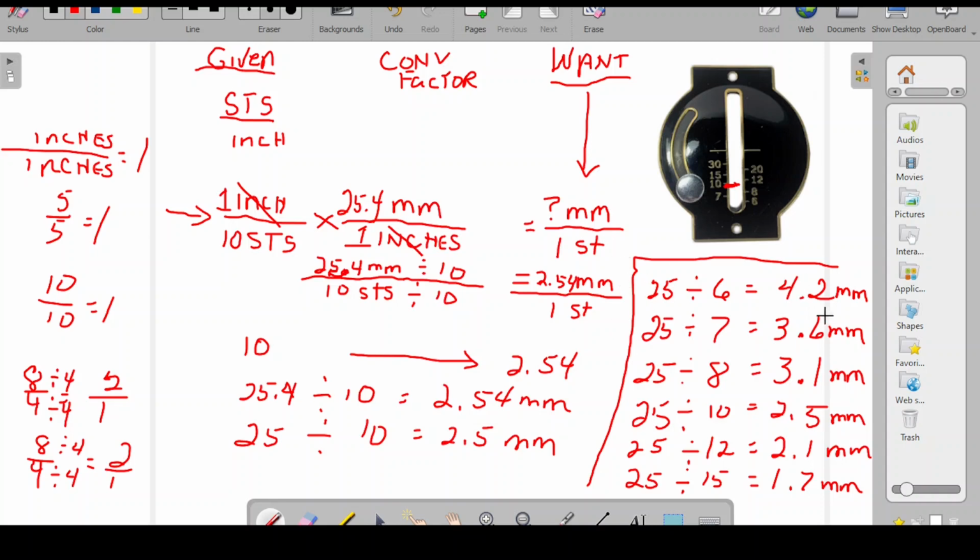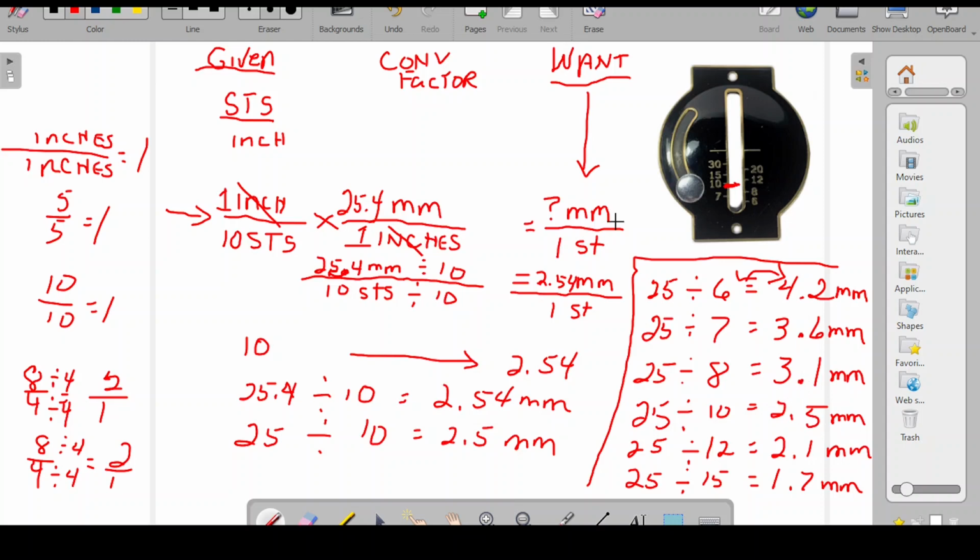And remember, if you want to go from mils back to stitches per inch, if you're dividing, then these two numbers are multiplied. So if you say in your head you want, we'll just take this example here, the 2.5. If you want 2.5 mils, well, you just say to yourself, okay, what's 25 divided by 2.5?